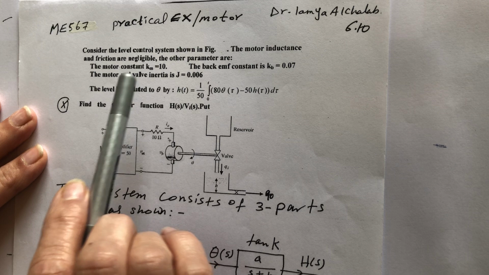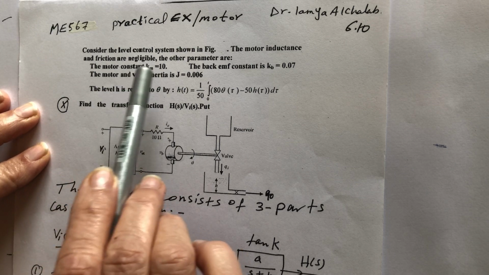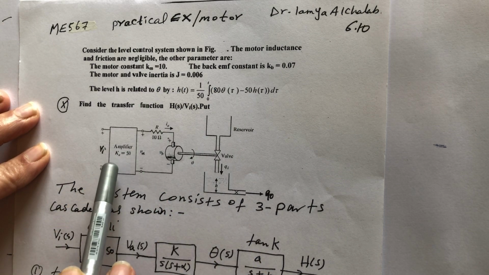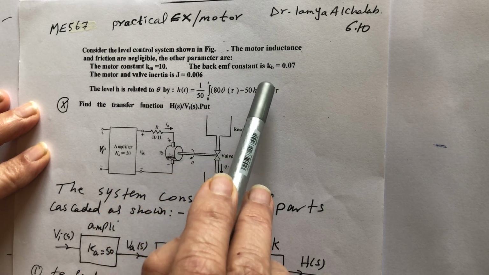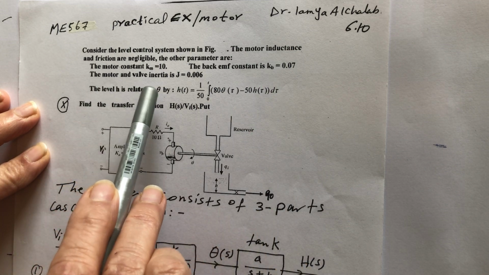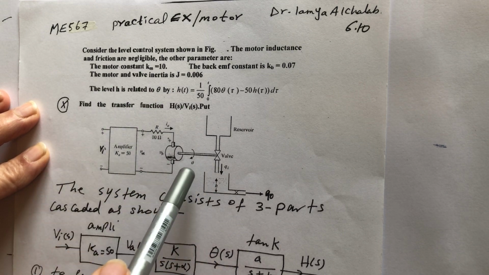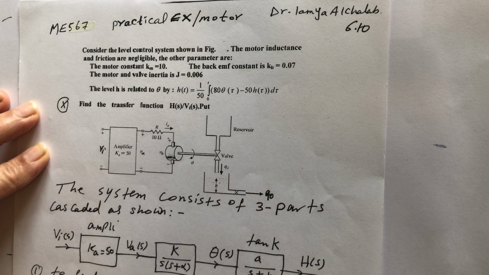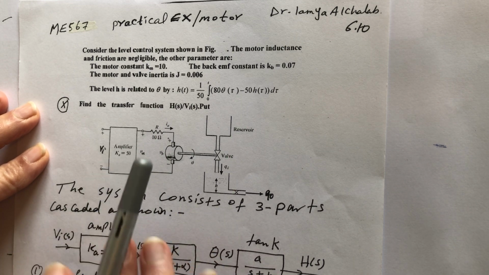If you look at the data, he's giving me the K of the motor constant, that's for the torque, it's equal to 10, and of course the resistor is 10, and the amplifier gain is 50, and we have the back EMF constant KB 0.07, and he's giving me the total moment of inertia of the motor, the shaft and the valve, equal to 0.006 without the unit, because sometimes they give the unit in pounds and things like this, which we don't consider.